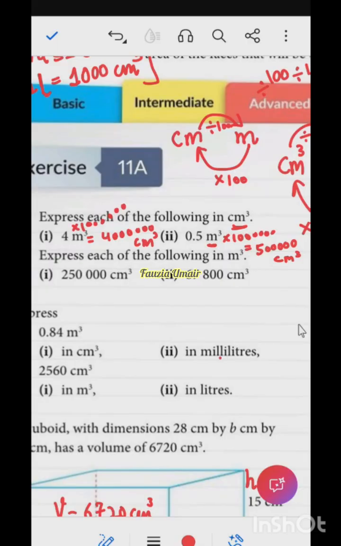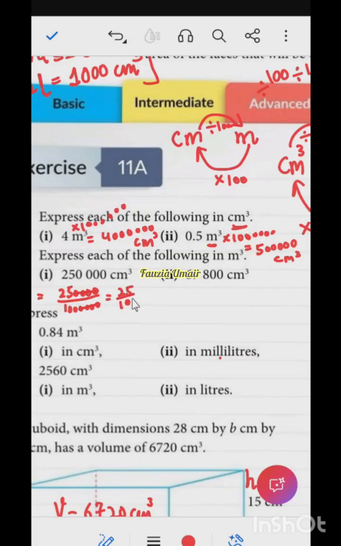Alright. So now let's look at the second part. Express in meter cube. So what do we need to do? Centimeter cube to meter cube. So we will divide by 1 million, right? So now these four zeros will be cancelled. I hope you can see on your screen. So it would be 25 by 100.